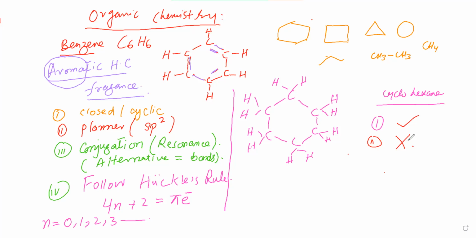Okay, I want to move onward. I want to talk about conjugation. Let me explain this first point. We have different types of double bonds. A double bond may exist in the form of an isolated double bond.